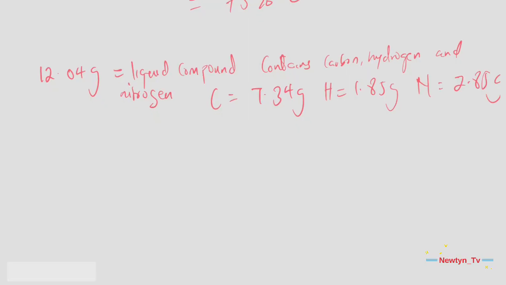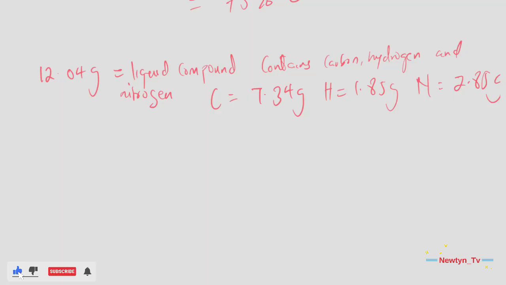Now let's look at the solution. To calculate the percent composition, we are going to divide the experimentally derived masses of each element by the overall mass of the compound, then convert them to percentage. So let's do that.